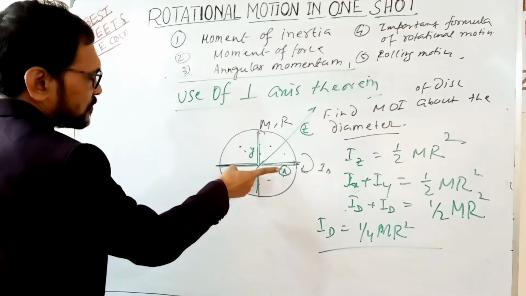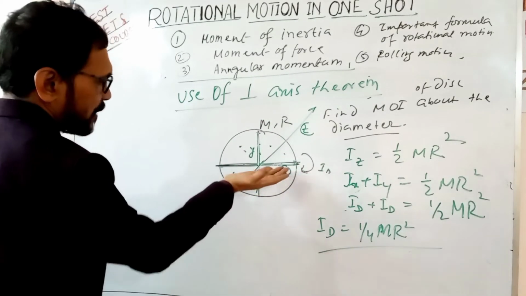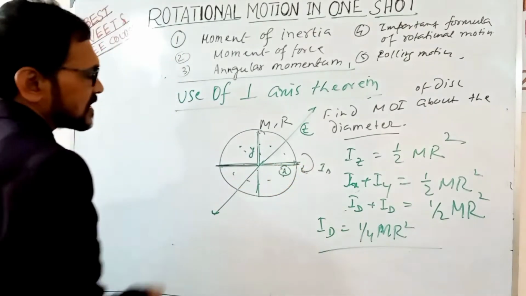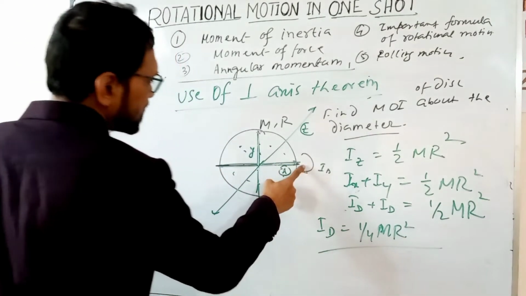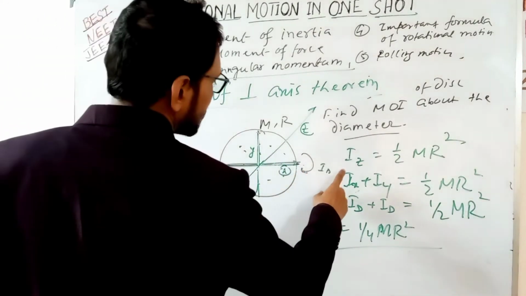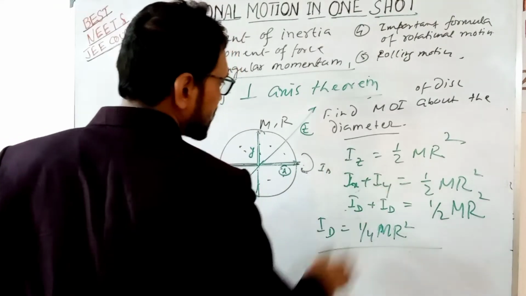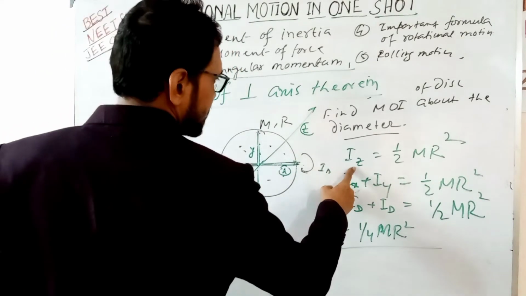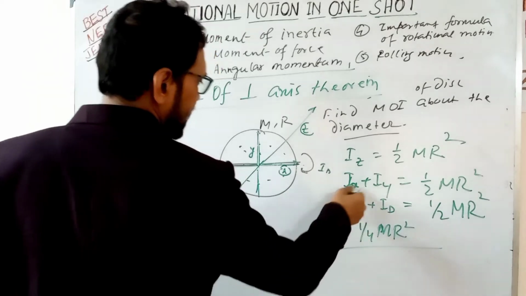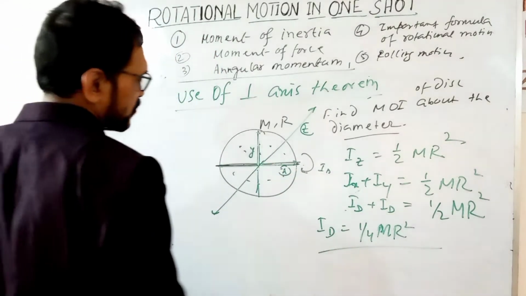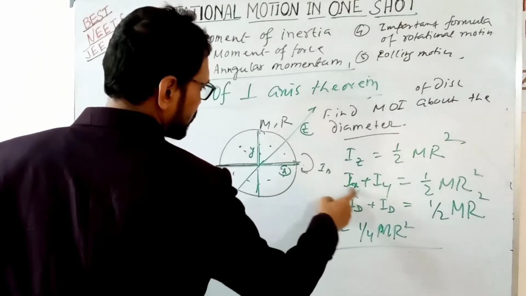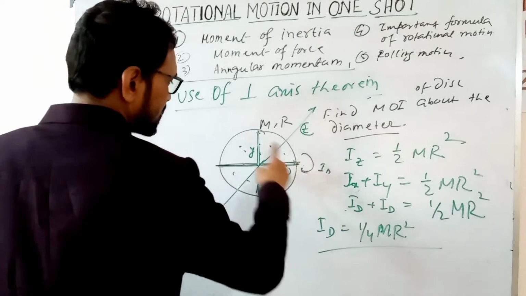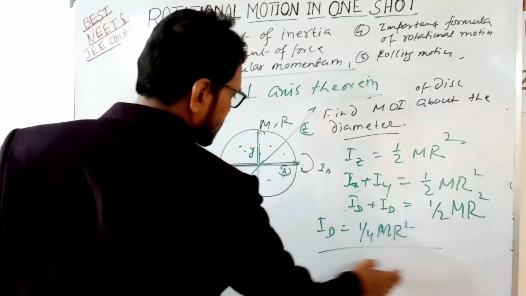Now we have to find the moment of inertia about the diameter. The diameter is in the plane of the disk. So here we use the perpendicular axis theorem, I_z equals I_x plus I_y. I_x and I_y are both diameters, so the moment of inertia will be the same for the x-axis and y-axis.